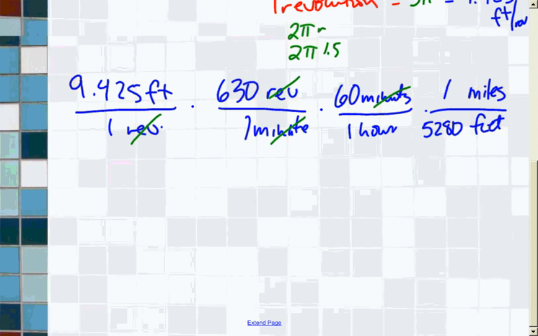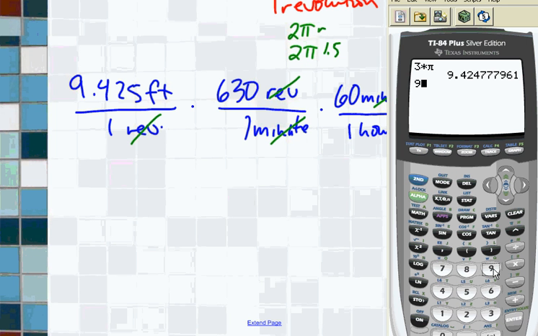From there, it's just a matter of sticking it all in your calculator. You've got 9.425 feet times 630 revolutions times 60 minutes. I'm going to pause here and hit enter.